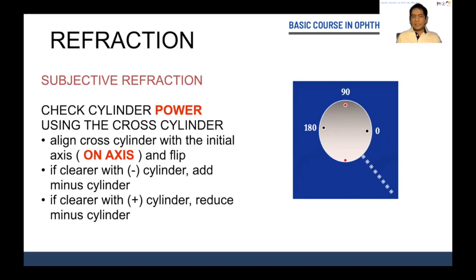On axis is aligning the minus power of the Jackson cross to your axis meridian. So, for example, your axis is at 90. You position the Jackson cross red marker at 90.